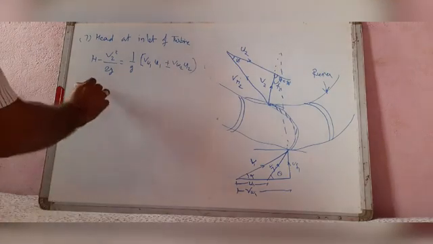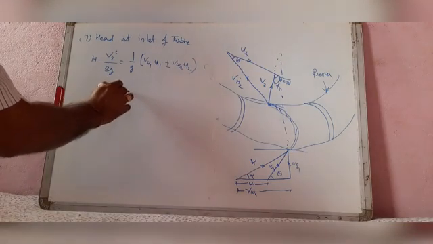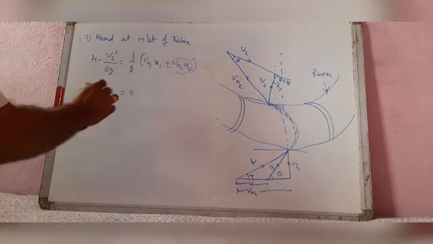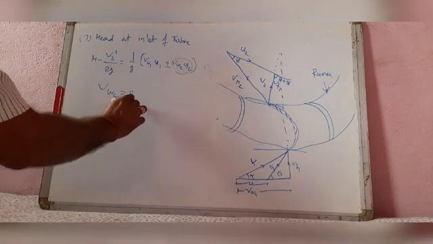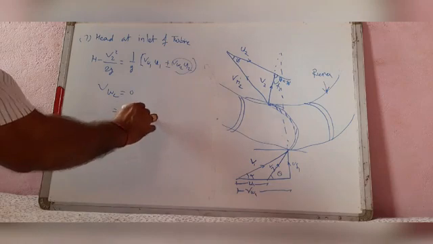As we know, VW2 equal to 0, so this is equal to 1 by g VW1 U1.